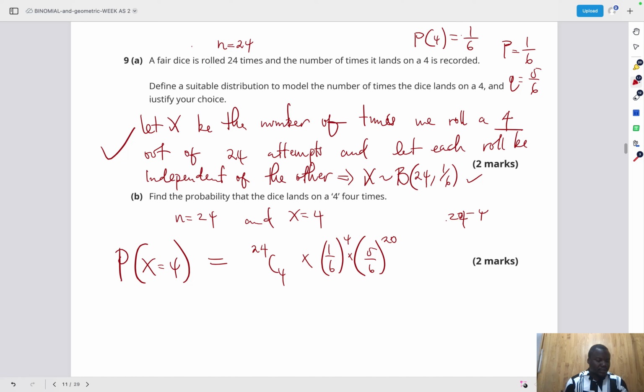I'm just putting this on the calculator and punching the numbers as they come. I don't think there should be issues there. So the answer that I'm getting is 0.214. That's the answer to that question there.